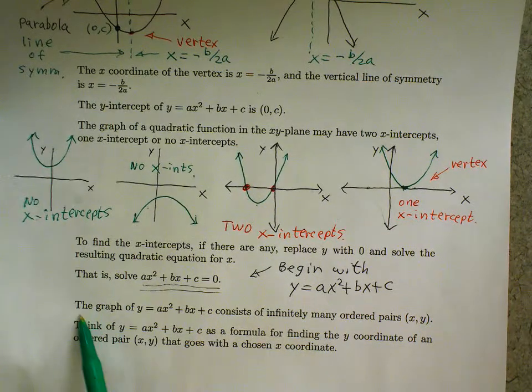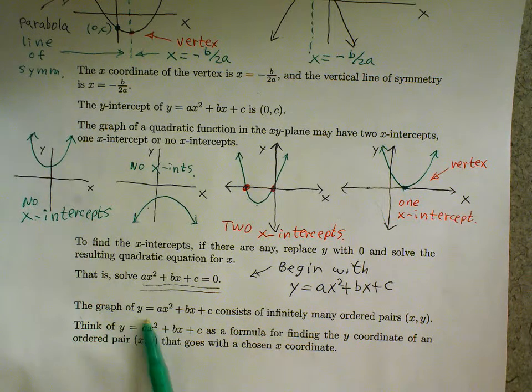Okay, so when we graph a quadratic function, y equals ax squared plus bx plus c, well, we find a few points and plot the points and then draw a parabola through the points.